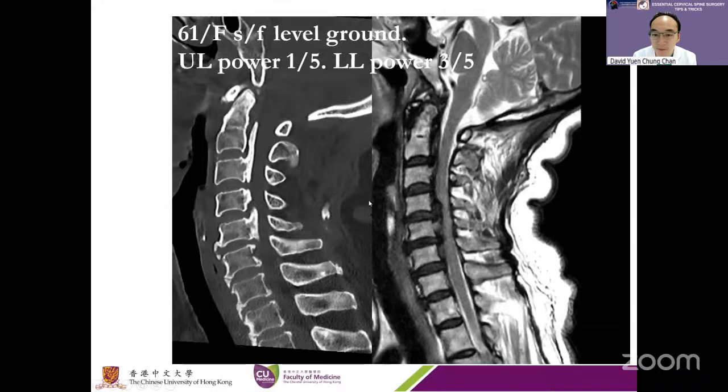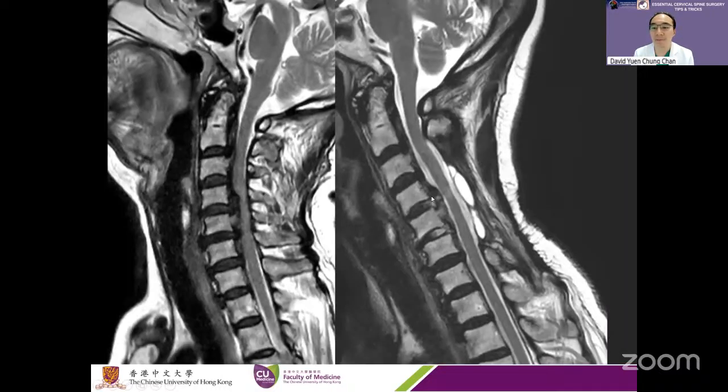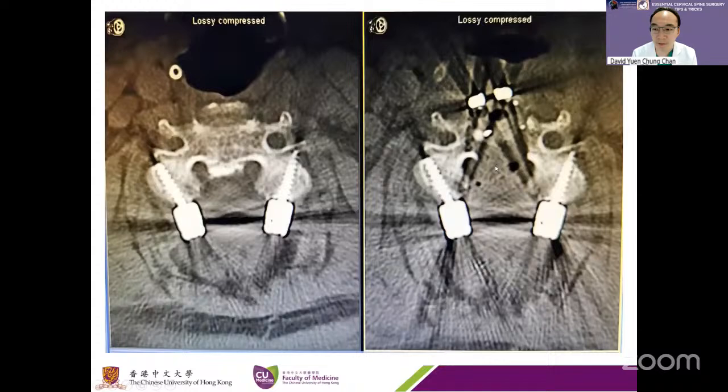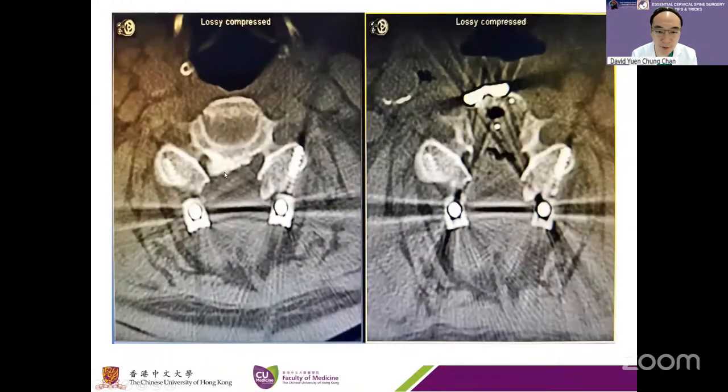So for this type of patient, in addition to laminectomy and fusion, we can achieve better decompression of the exiting nerve root by performing anterior spinal operation, like in this case, corpectomy and anterior spinal fusion as well, and remove the OPLL. So achieving decompression of both the spinal cord as well as the exiting nerve root.